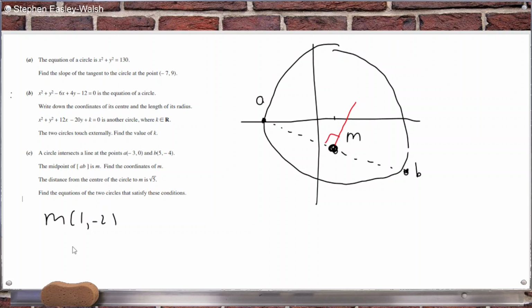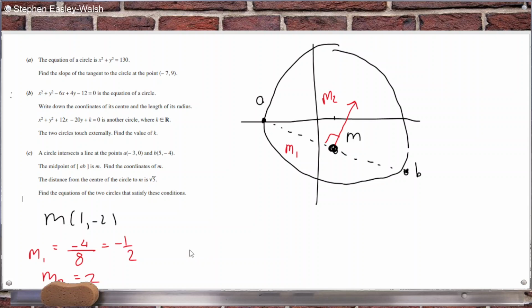So I think what I'll do first is get this slope here. I'll call this m1, and then I'll get this slope here, m2. So m1 would be (minus 4 minus 0) over (5 minus 3), so that's minus a half. That means m2 is equal to 2.